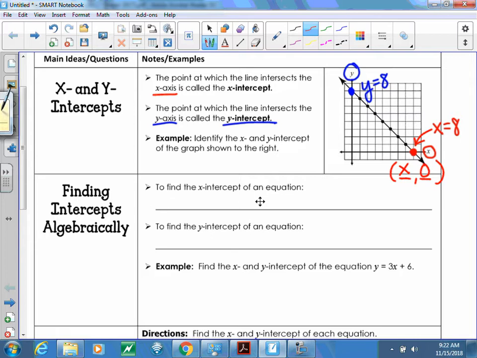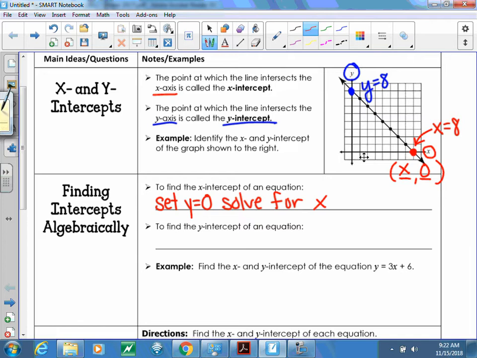So to find the x-coordinate, what we're going to do is set y equal to 0 and then solve for x. And that will give you your x-coordinate.